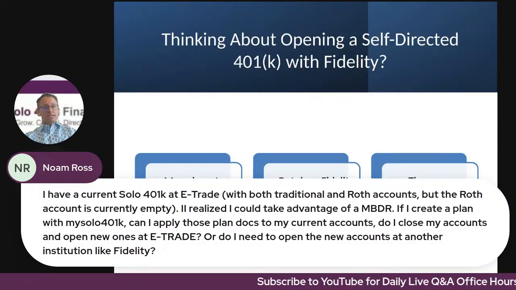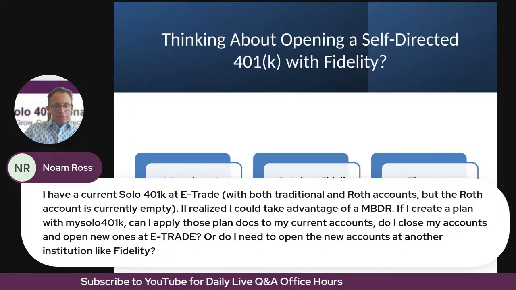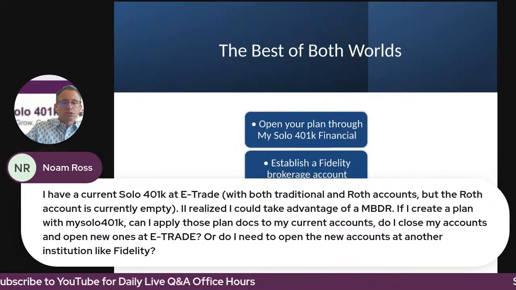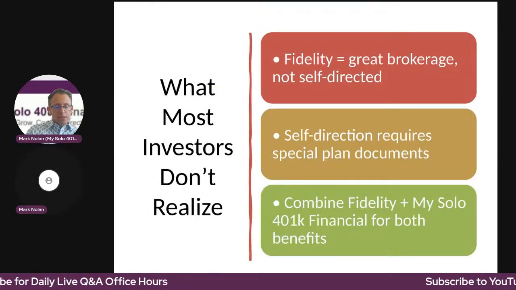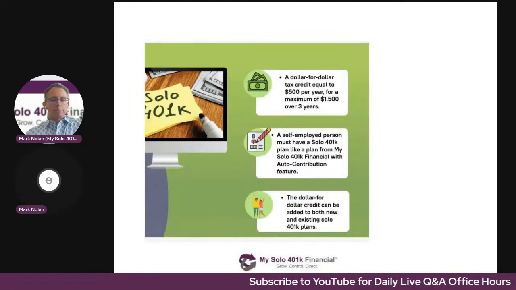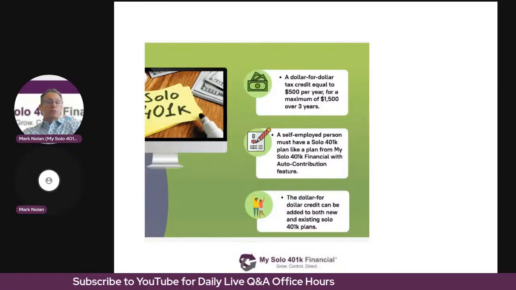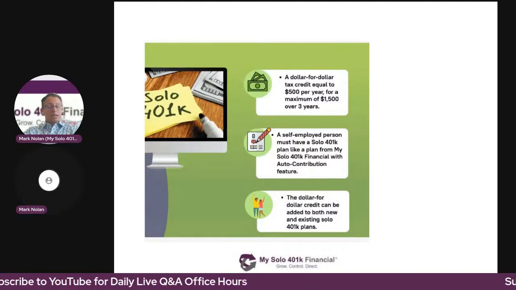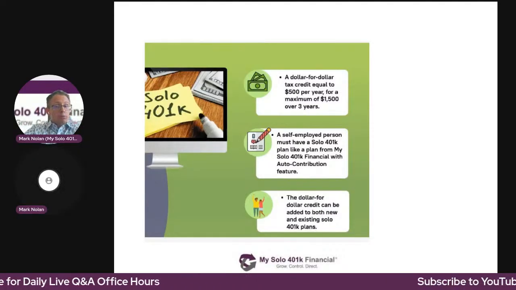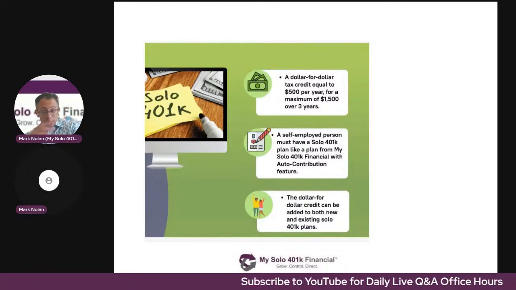When you restate that existing plan to a solo 401k plan through my solo 401k financial, we'll add the auto contribution credit so that you can essentially cover the cost of having a solo 401k plan for years to come. The $1,500 auto contribution credit is a dollar for dollar credit. It's equal to $500 per year for a maximum of $1,500 over 3 years.